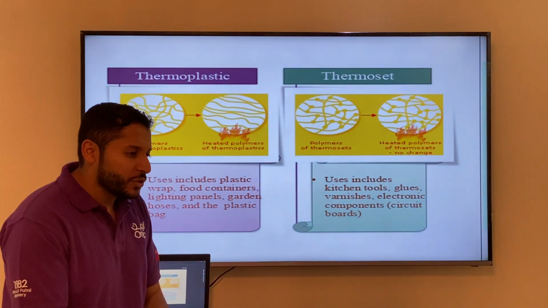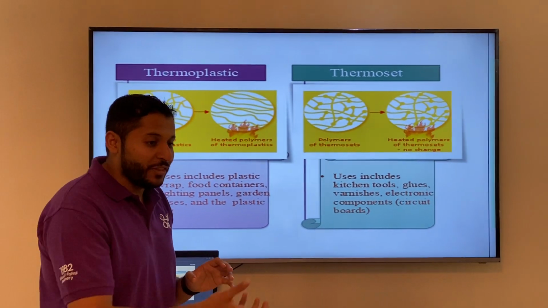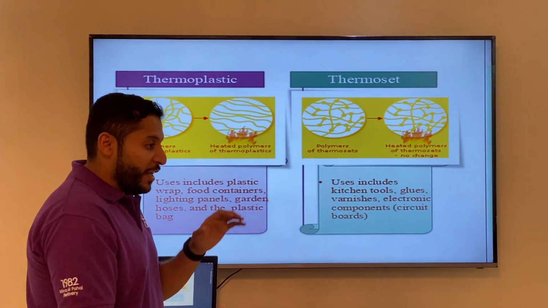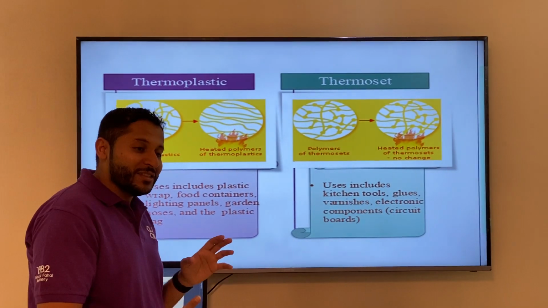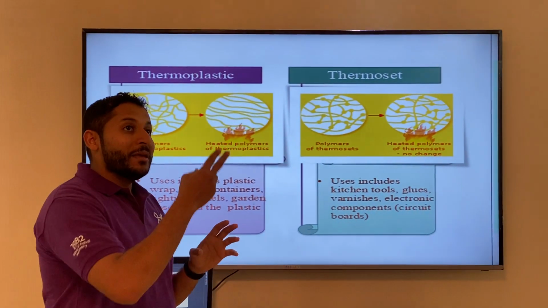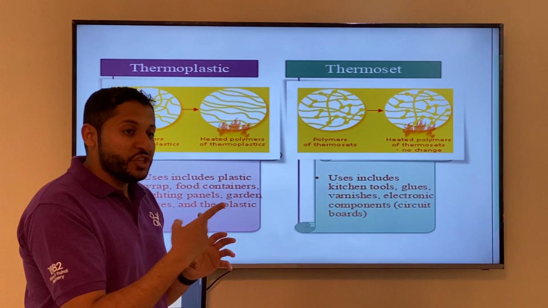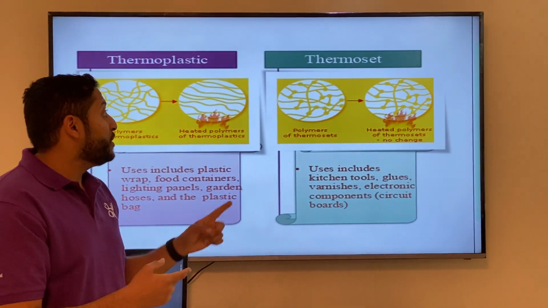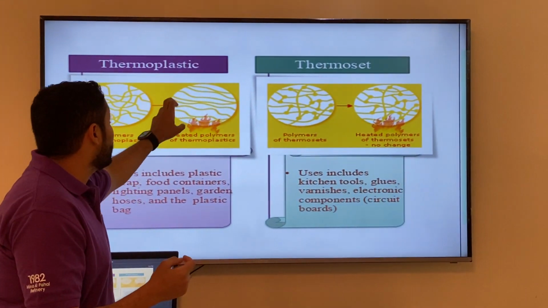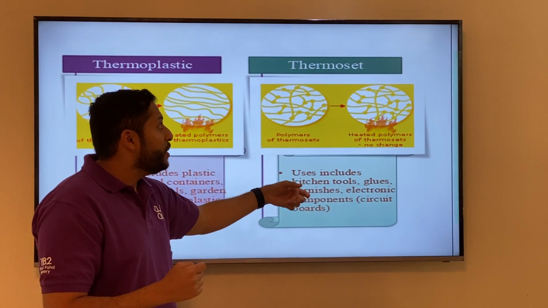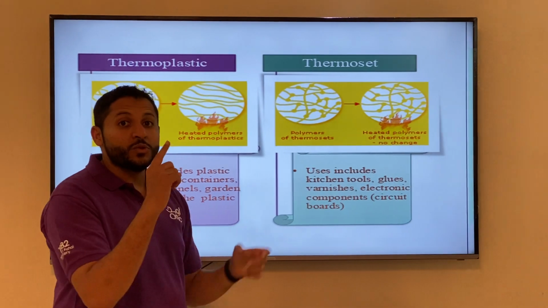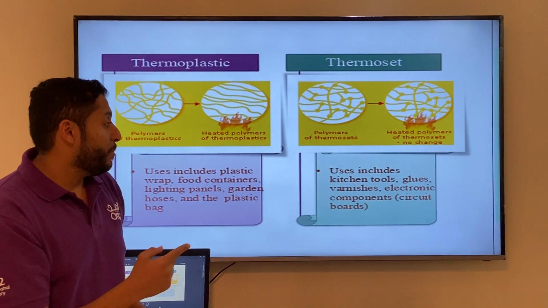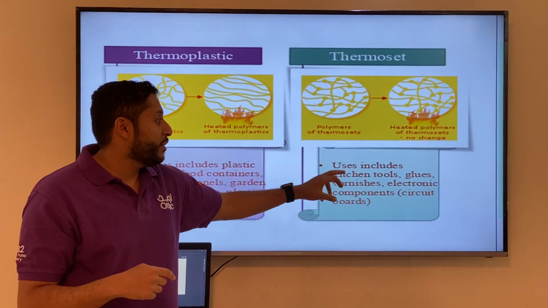When I say kitchen tool, that means heat is applied. What is the meaning of applying heat? It means it may be reshaped or not reshaped. The difference is that when heat is applied to a thermoset, it will not be reshaped. That is why we use thermoset for kitchen tools.